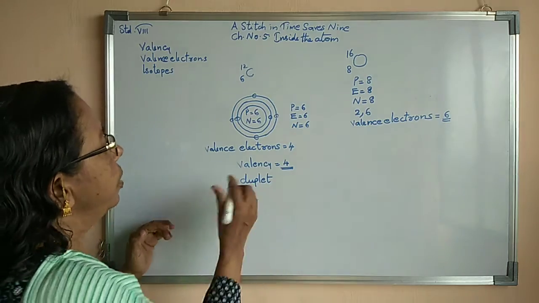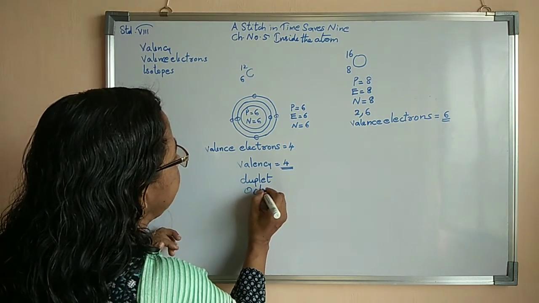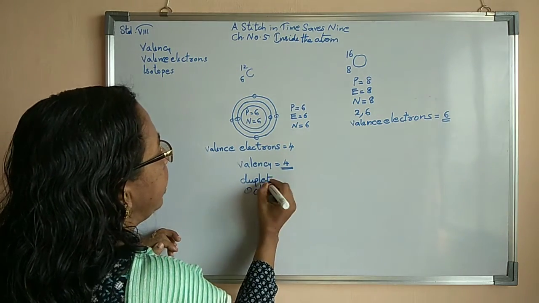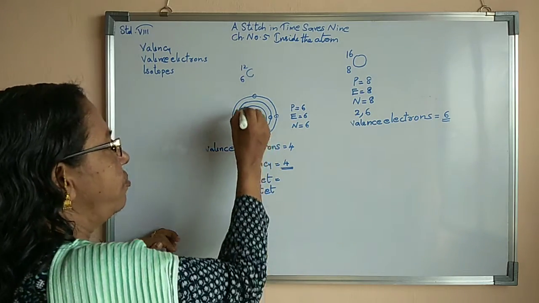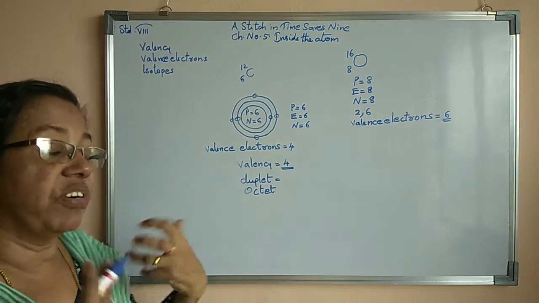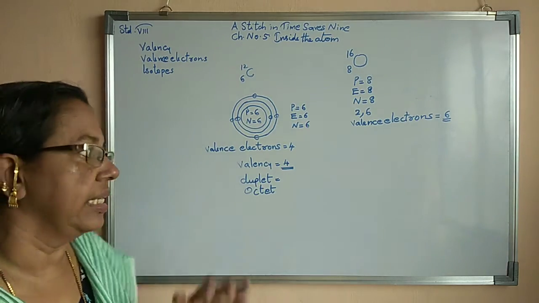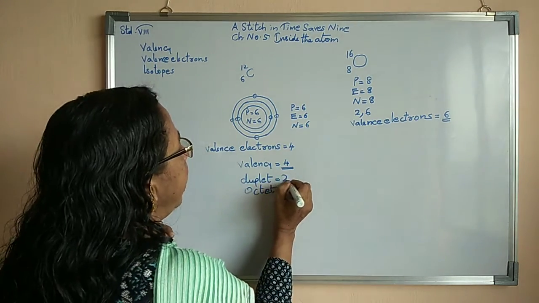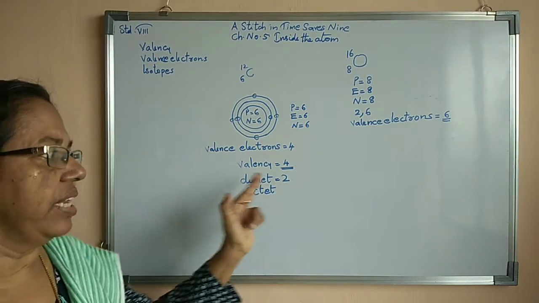So here we have the duplet condition as well as the octet condition. Only the first orbit can have the duplet condition, that means it will have 2 electrons.